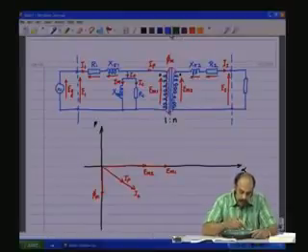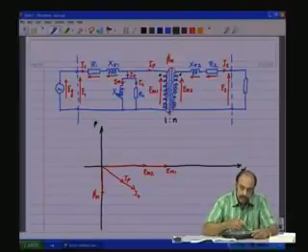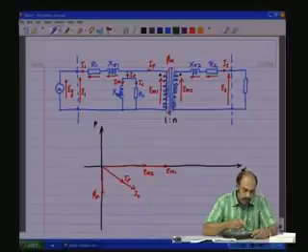Now, the magnetizing component is going to have a much higher impedance with respect to the core loss component.